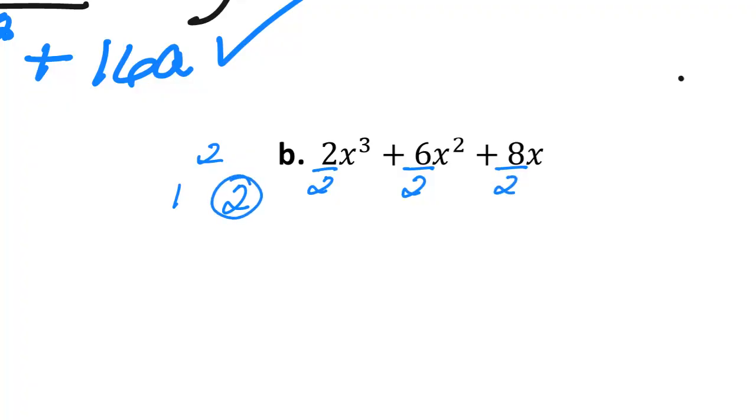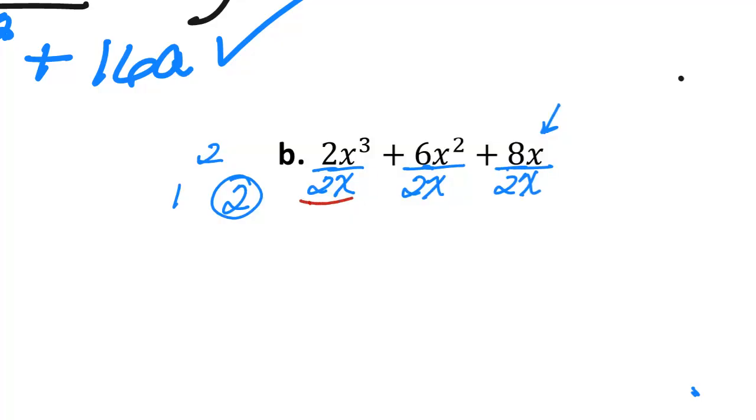All right. Oh, x's. They all have an x. How many x's can I take away? 1, because your smallest amount is 1x. So that means you are going to divide by 1x because that is common to all.